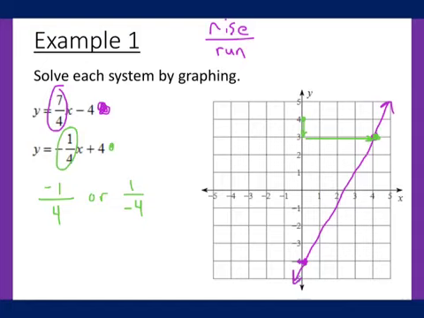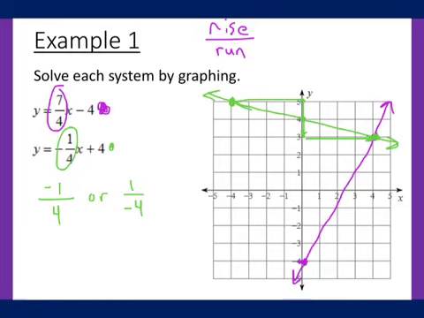If I do the other way and go up 1 and left 4, see how that's going to work out? So our line goes through these points. Okay, and you didn't really need to draw out the slope. I just realized you couldn't really see what I was motioning with unless I drew it.